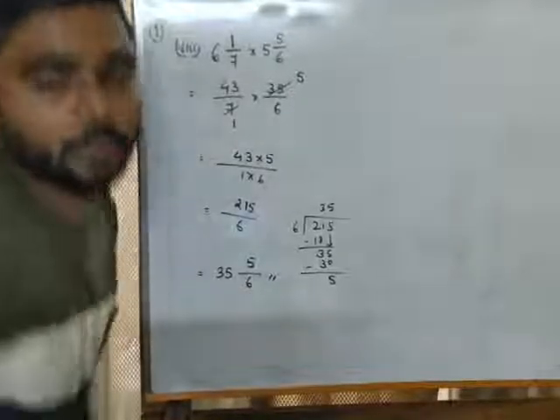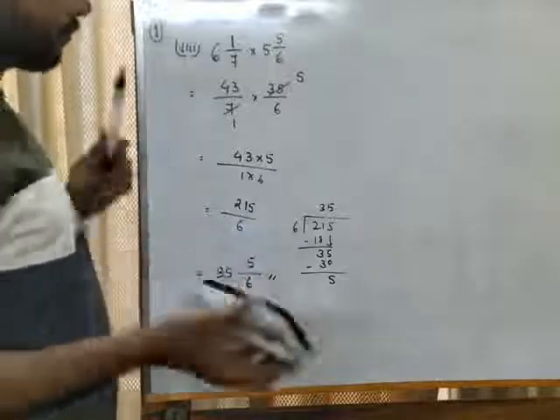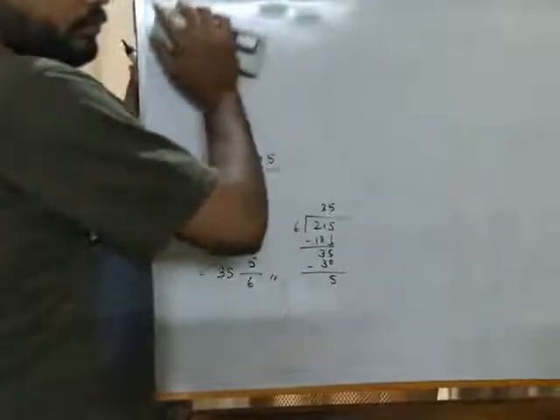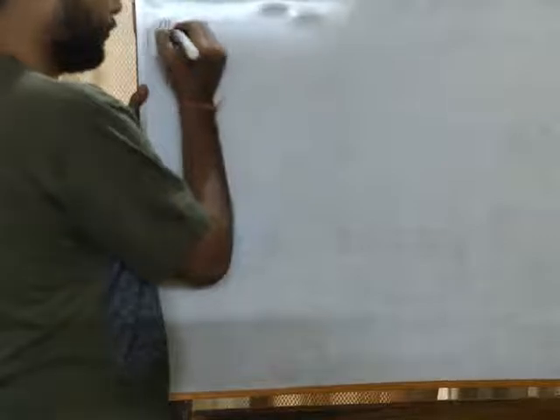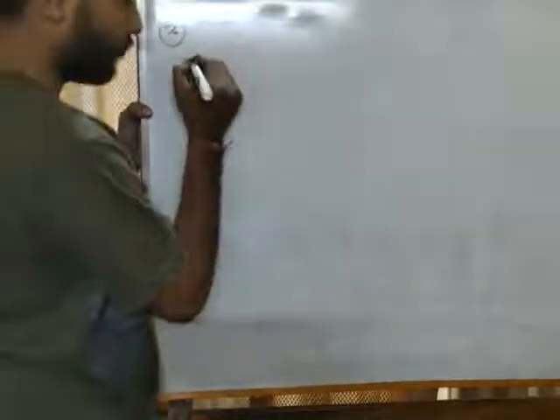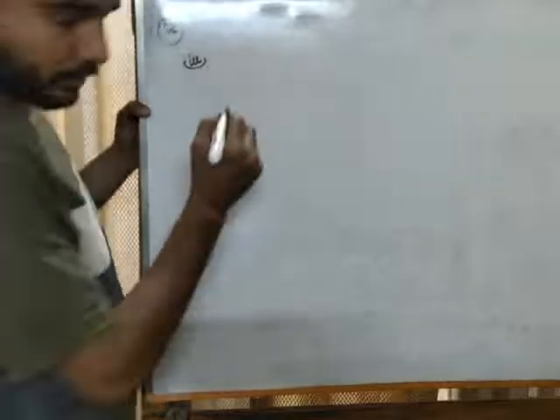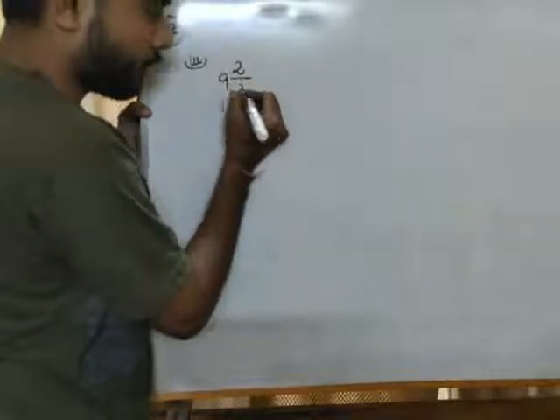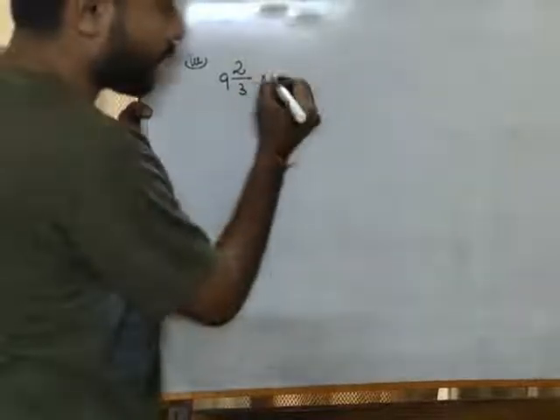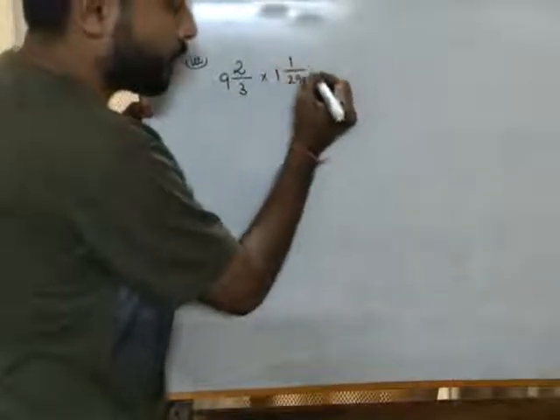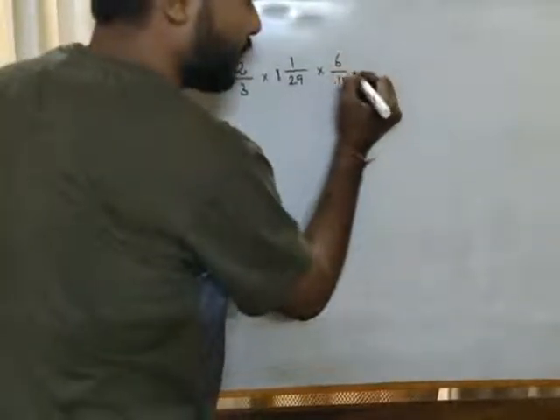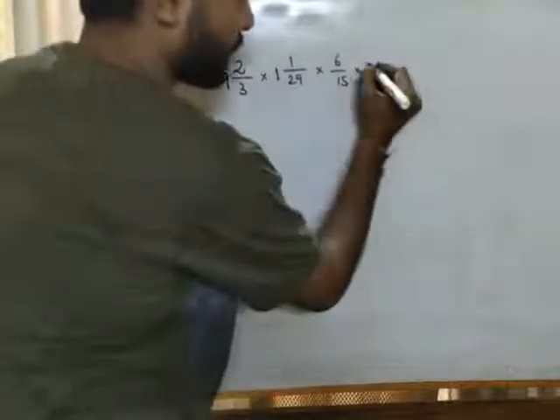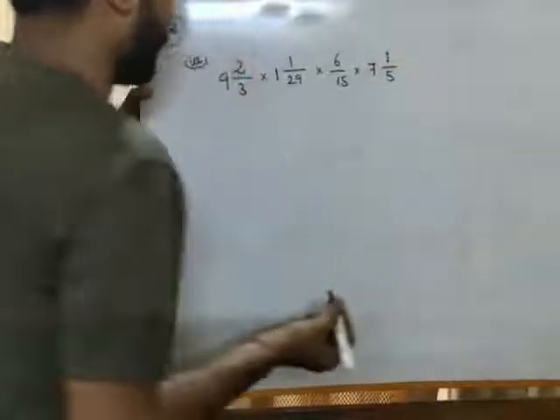So let us see how to multiply 3 fractions together. 9 2 by 3 into 1 by 29 into 6 by 15 into 7 1 by 5.